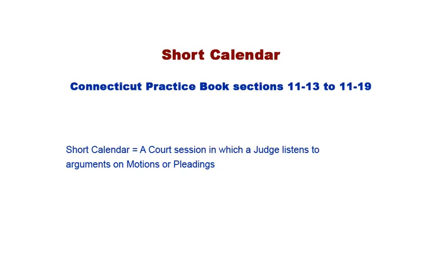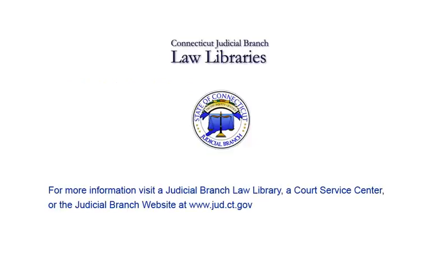At the hearing, the judge or magistrate will hear the arguments for and against the motion. He or she may issue a ruling or order at that time from the bench, or he or she may issue a written ruling or order within 120 days following the hearing.